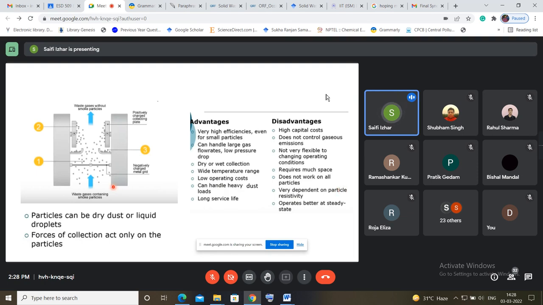Higher means the particles will not develop charge, but if the resistivity is too low, the particles will get charged up quickly but will dissipate the charge very quickly and will not be able to reach the collector plate. So particle resistivity is a very important criterion for effective removal of particles in the electrostatic precipitator.